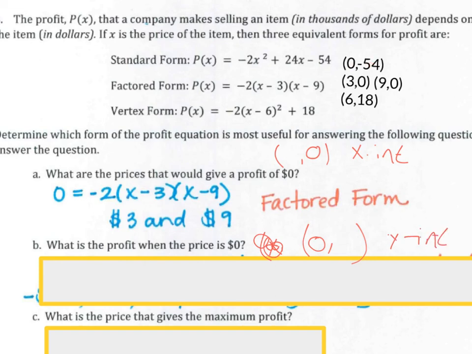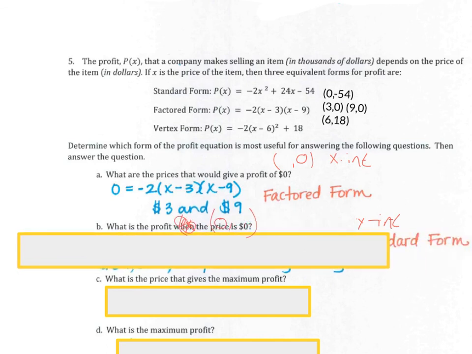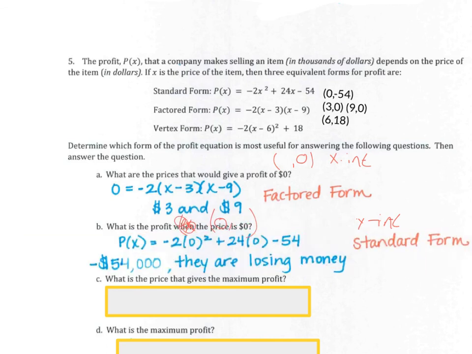We found that from our standard form equation. So our profit would be -$54. So we would actually be losing money, right? Or sorry, not -$54, -$54,000. So we're losing money, which makes sense. If you have a product and you're giving it away for free, you're going to lose all of the money that you spent making whatever product that was.